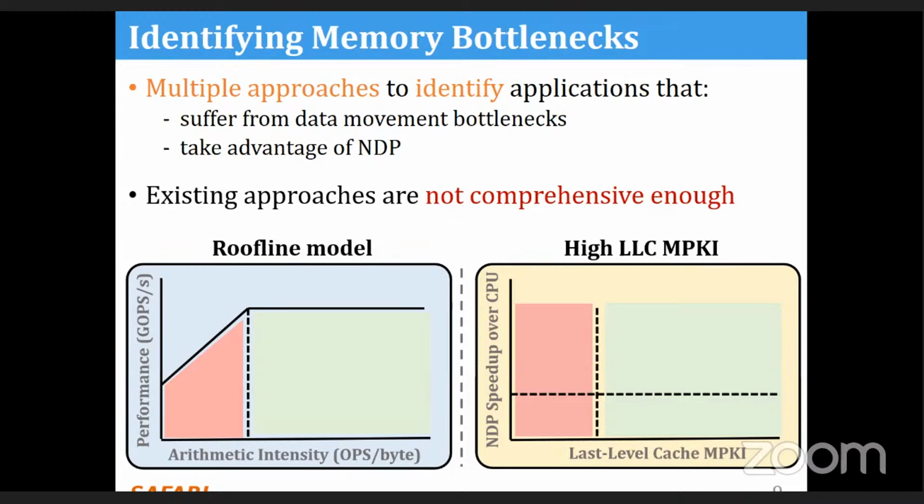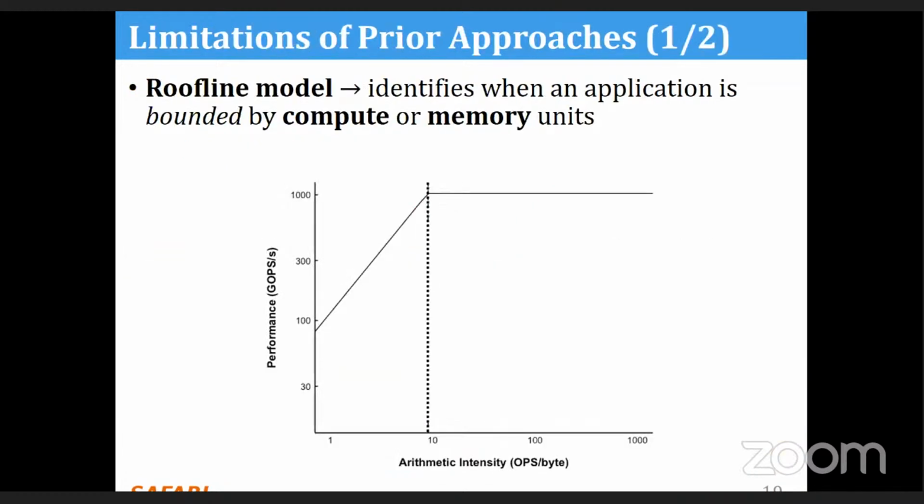What you are going to see with these 2 is that they don't really capture well the sources of the data movement bottlenecks. They are also not completely reliable to predict whether a particular workload is going to be good for a certain type of data movement mitigation technique, for example, near data processing, or something else.